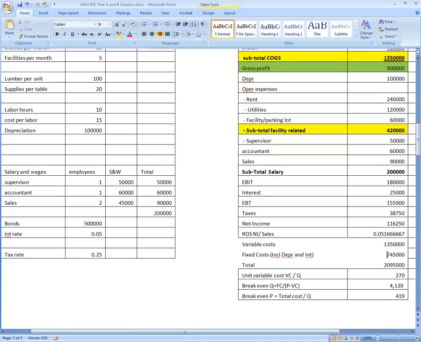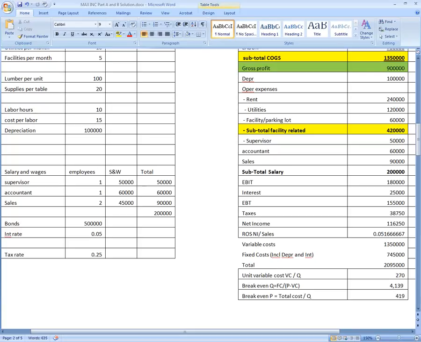We add them up, and we get $745,000. And total cost would include a variable cost and a fixed cost, and fixed costs are, as described before, in this example the depreciation, the facility related, the salary, and the interest.